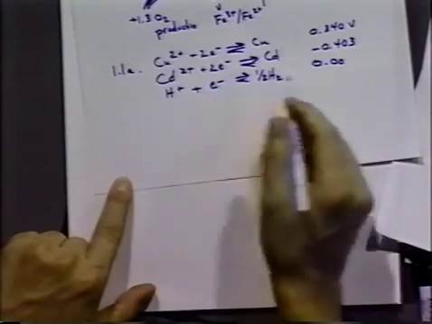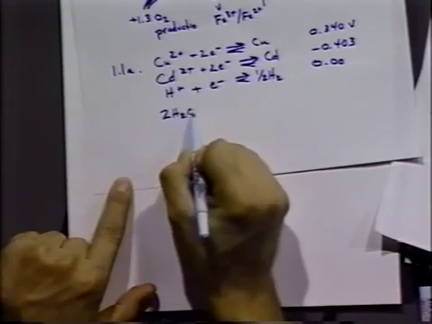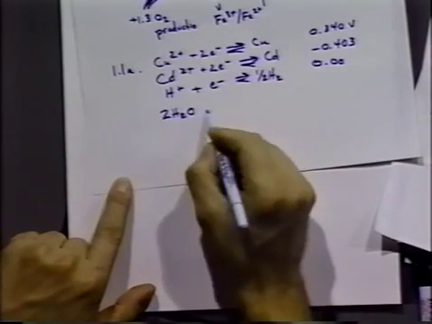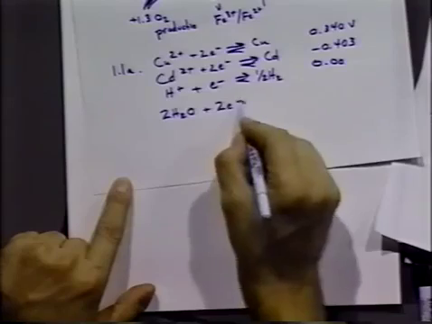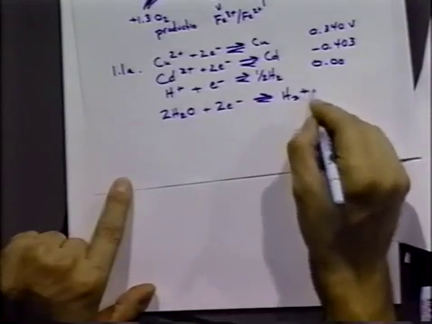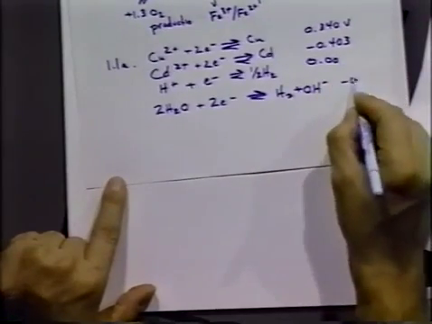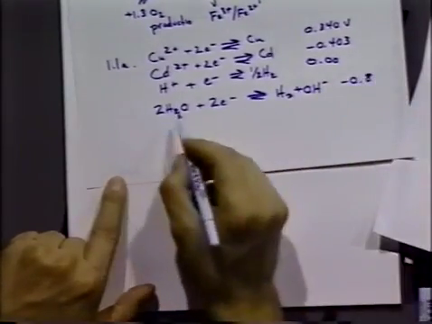There are a number of other possibilities. For example, we can think about the reduction of water. That would be water reduction going to hydrogen gas plus hydroxide ions, and that occurs at about minus 0.8 volts.